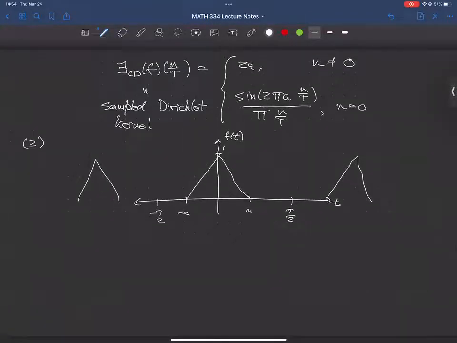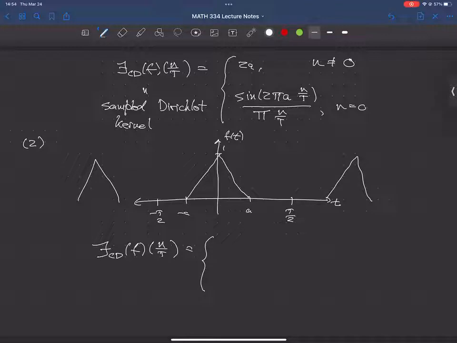Now this is a slightly harder computation to do in this case, because you have to integrate some linear function of t times a harmonic, which you do by integration by parts. When n is equal to 0, as is always the case, you're just integrating f over a period.